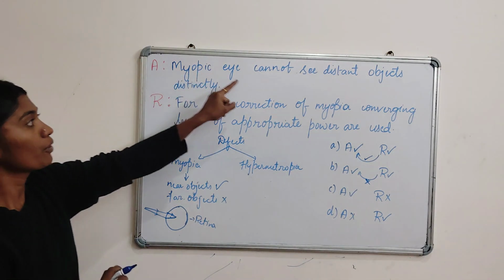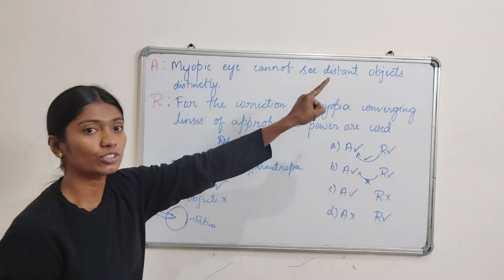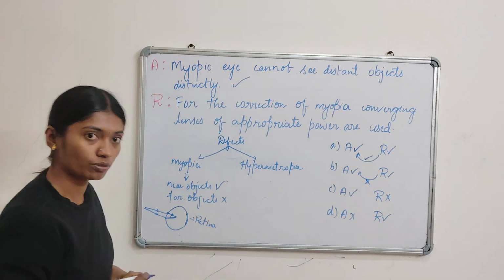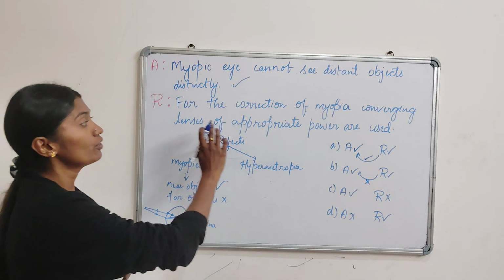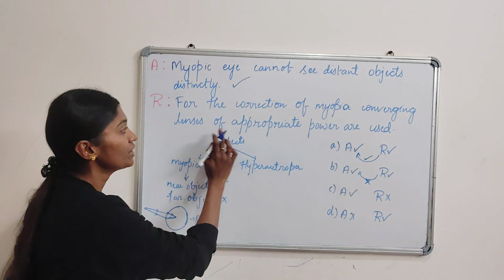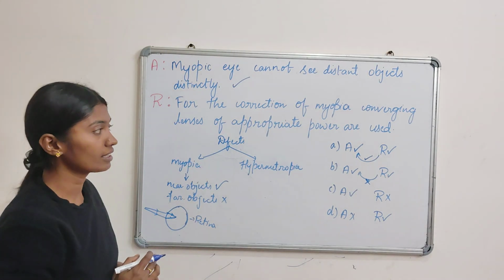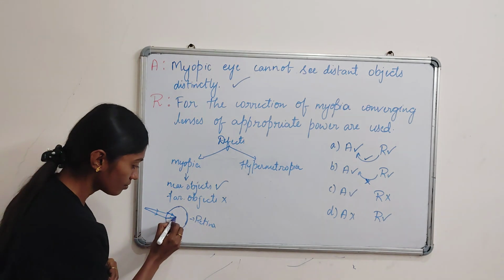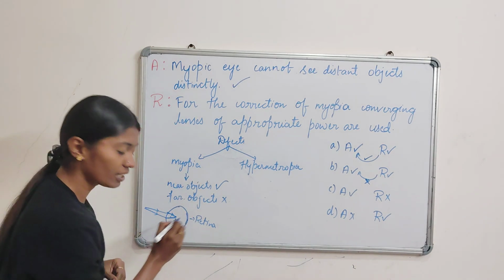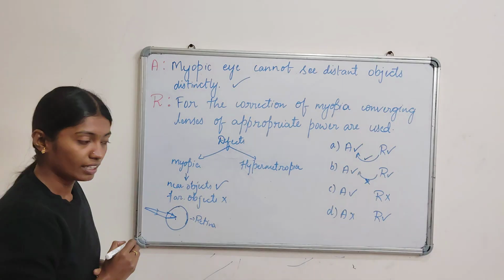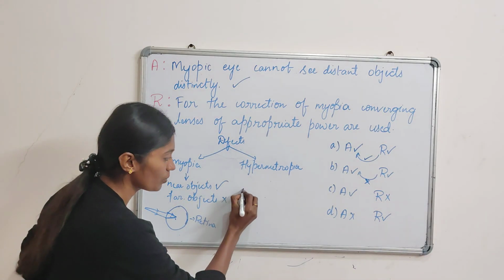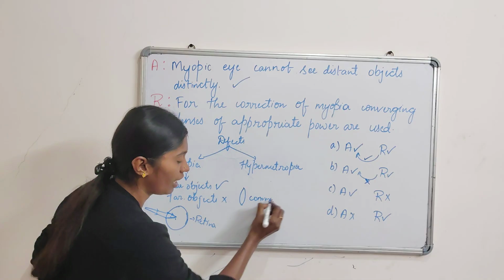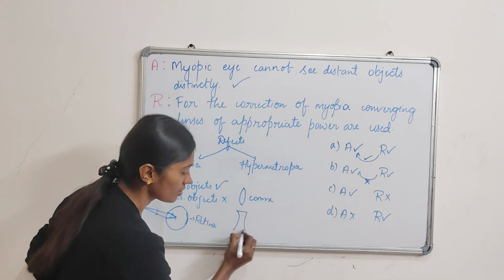What is the assertion? Myopia eye cannot see distant objects clearly. Is the assertion true? Yes, the assertion is true. Reason: for the correction of myopia, converging lens of appropriate power is used. The intersection should come on the retina. We have two lenses with us. One is the convex lens, another one is the concave lens.